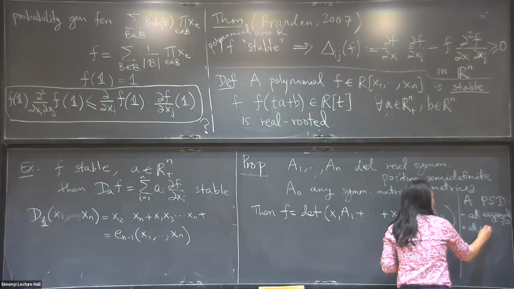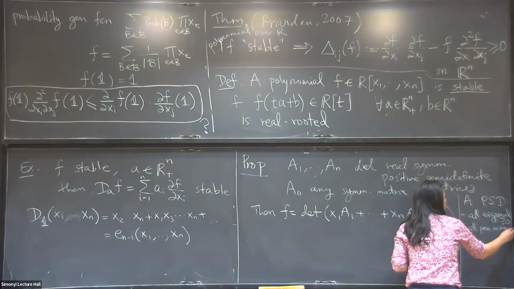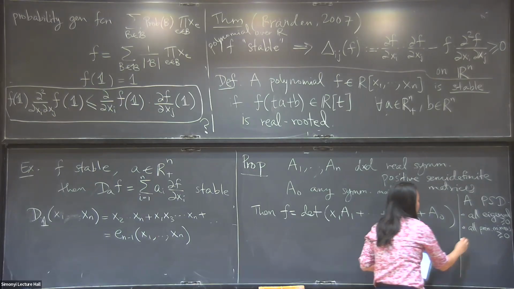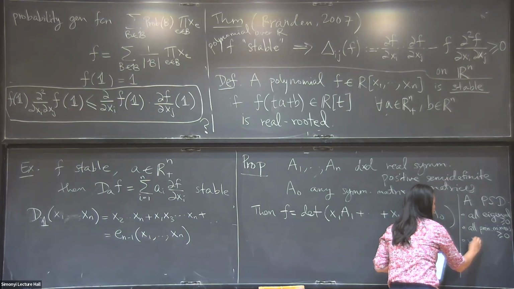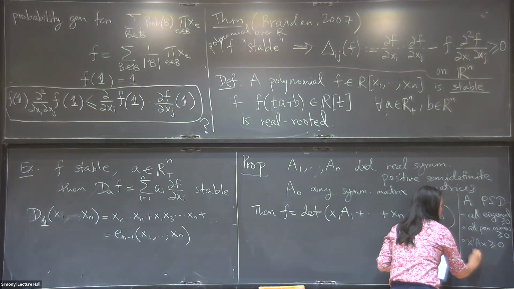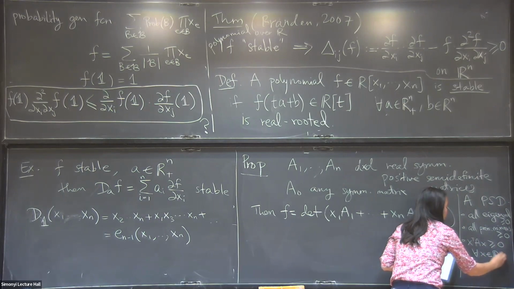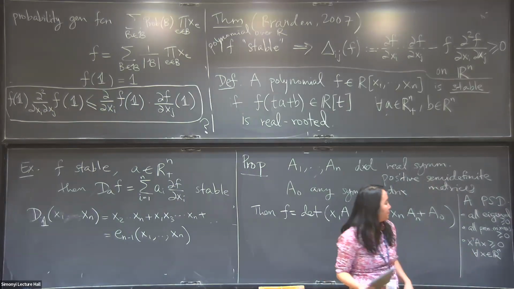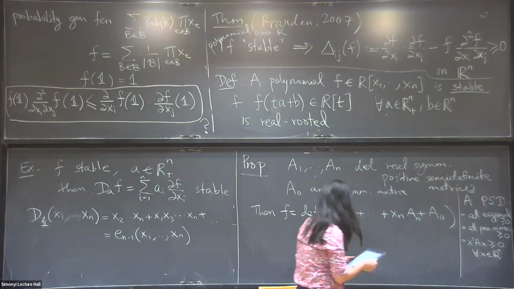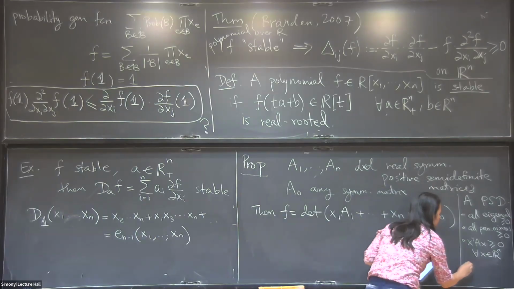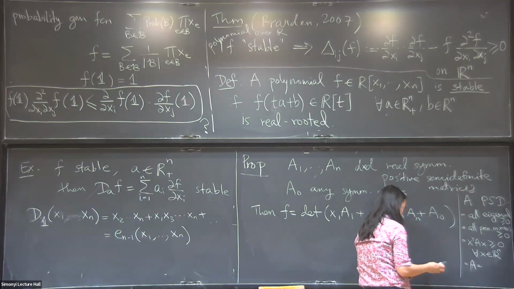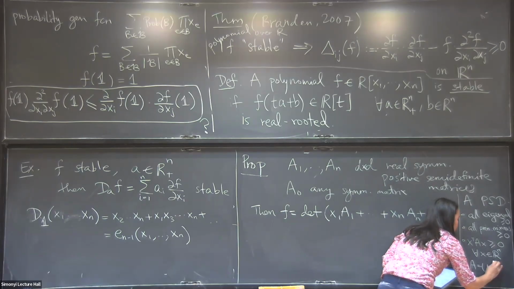It also means all principal minors, where you take some rows and then some columns in a symmetric way, have non-negative determinant. Equivalently, x transpose A x is bigger than or equal to 0 for all vectors x in R^n, so the corresponding quadratic form is non-negative. Also, it factors: A is equal to U times U transpose for some matrix U.